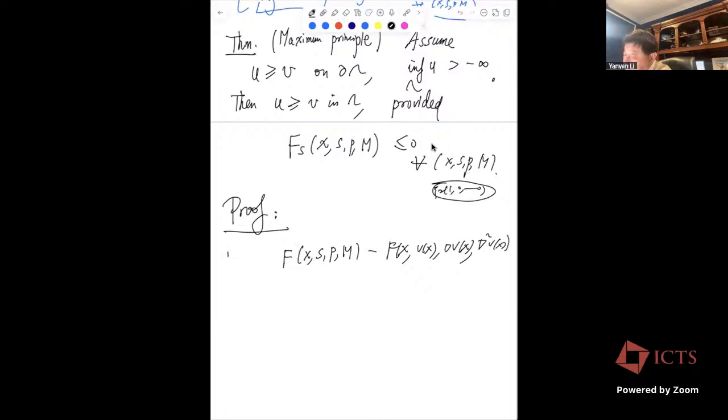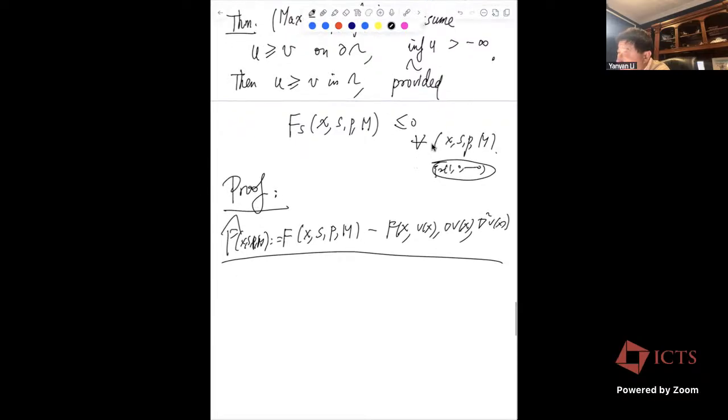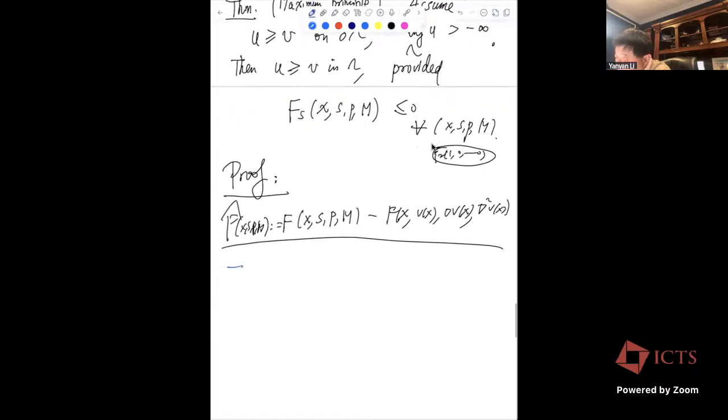If you work with that new f, you will see v equal to 0 is a solution. So then you just look at a new one.